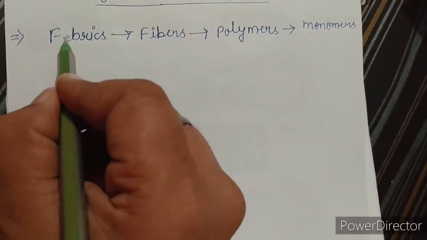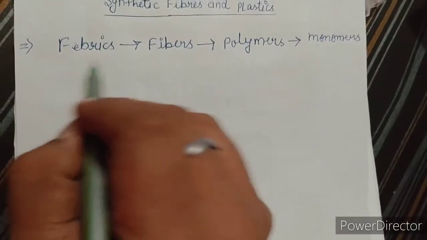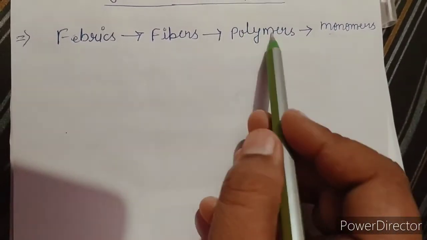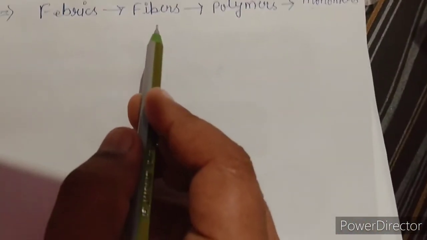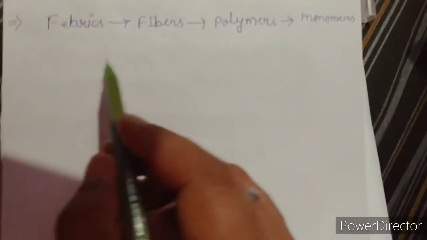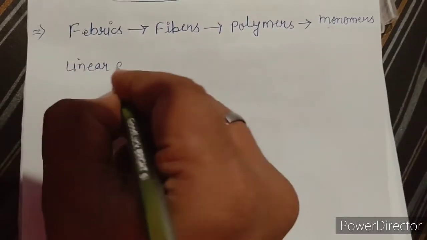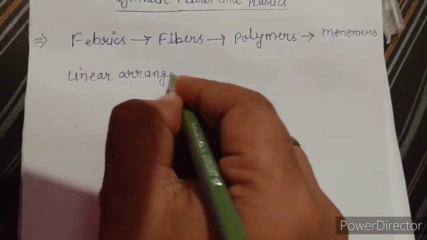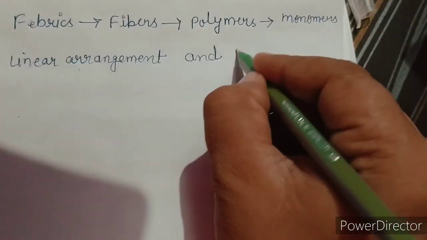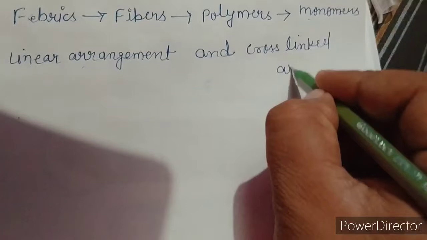Means we can identify what kind of fibers is there in this fabric. Okay, now we can say fibers are made up of polymers, and we have studied that fibers are arranged in two ways: linear arrangement and cross linked arrangement.